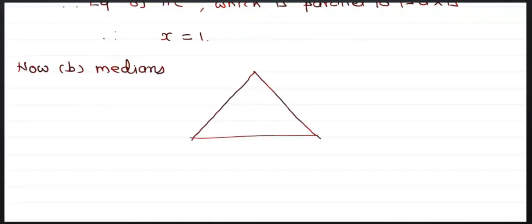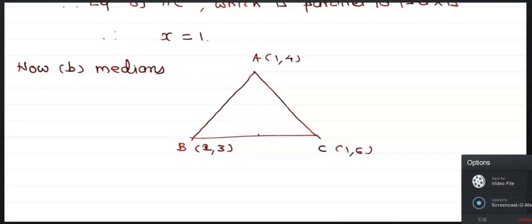Now next are the medians. We have to find out the equations of the medians. A, B, C are the 3 points.